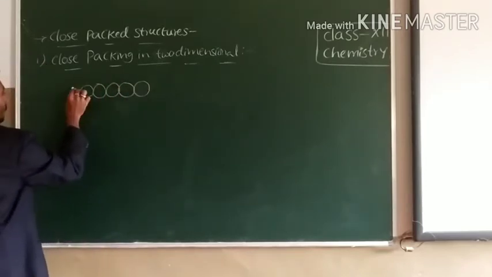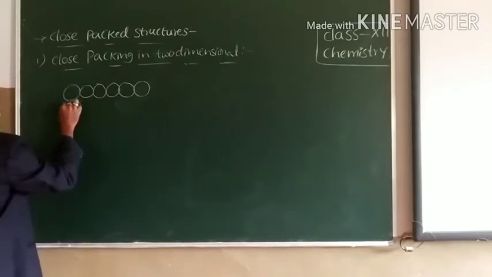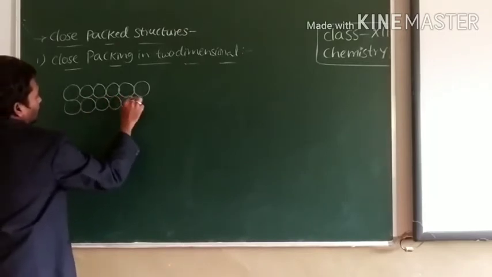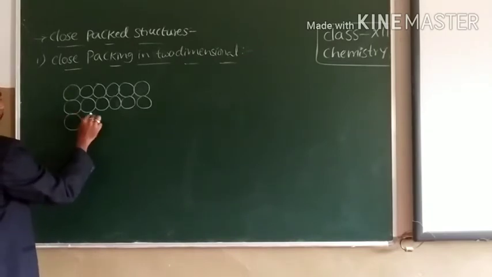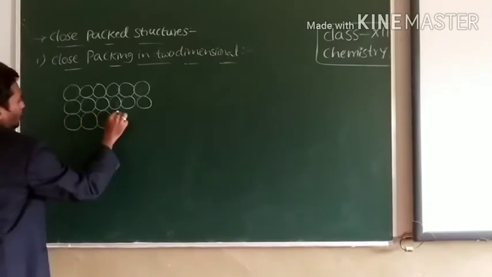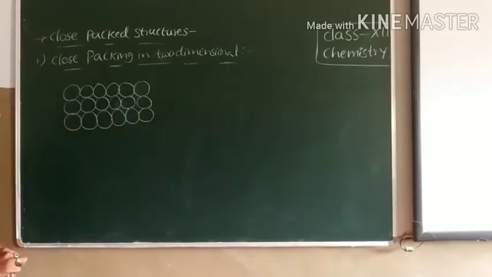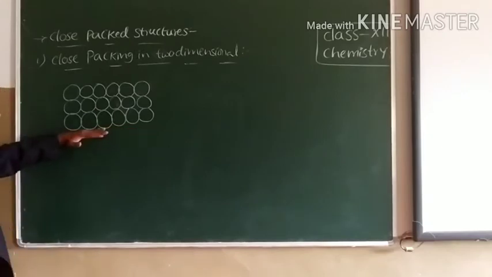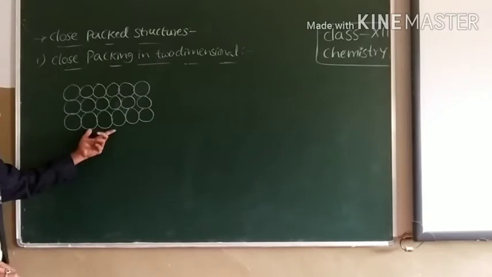This is one row of atoms. Let us consider the second row. This is another row of atoms. Next, the third row. So this is the way we arrange atoms. This is the two-dimensional arrangement, close packing in two dimensions.